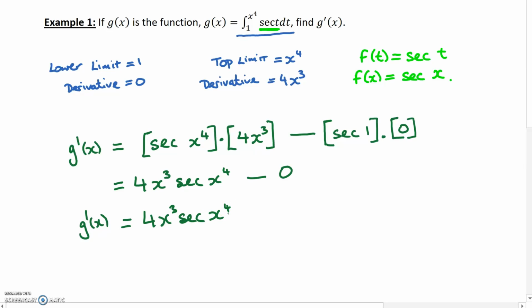These questions where you're differentiating an integral are always a little bit intimidating to look at, but once you see the pattern of what's done, they're not bad at all.